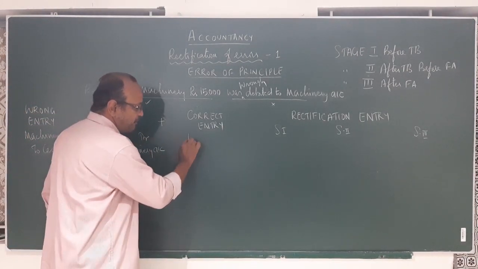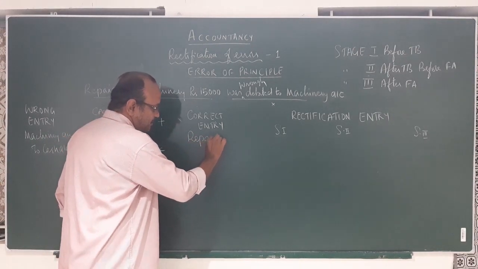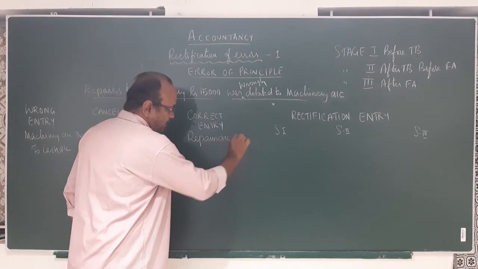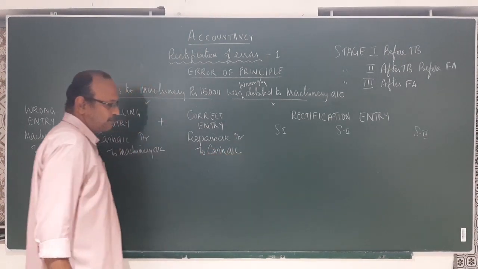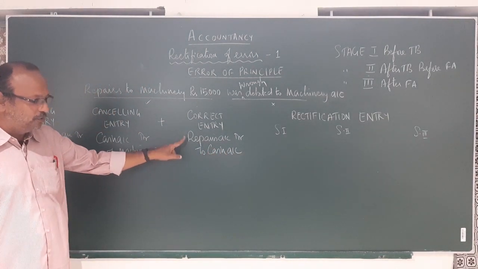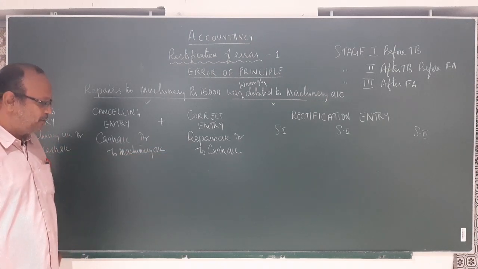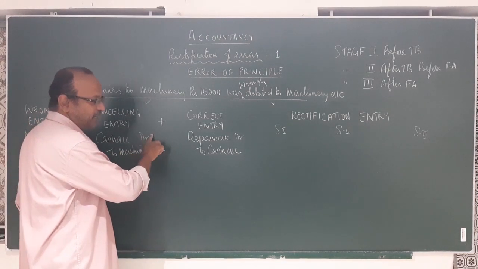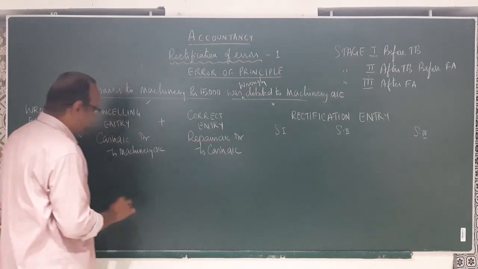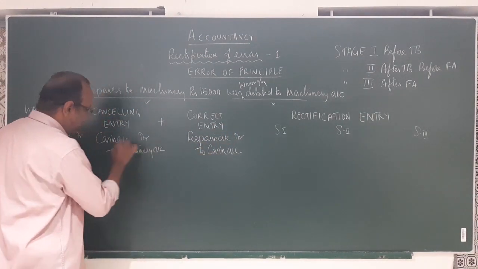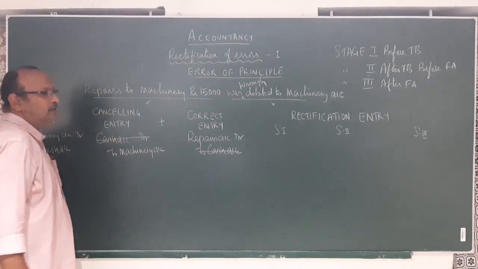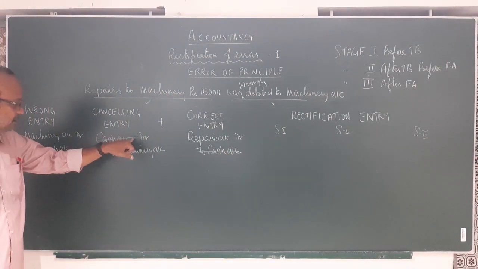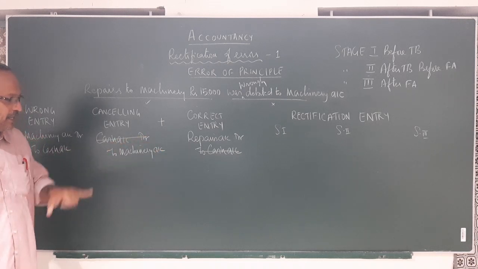The correct entry will be repairs account debit to cash account. Now we have to combine this cancelling entry and the correct journal entry. Cash account debit to cash account, as the amount is equal in the debit and credit, these things get cancelled.